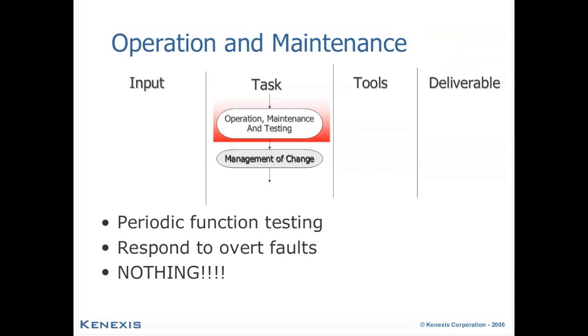If there are any overt fault conditions, they will be responded to, and hopefully there will be long periods of time where the SIS is performing adequately in a manner that doesn't disrupt process operations and, if necessary, is properly responding to demand conditions to shut the process down where necessary.